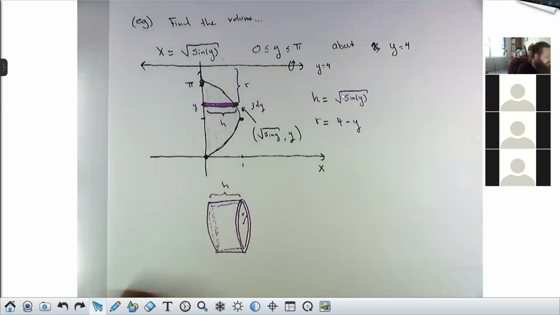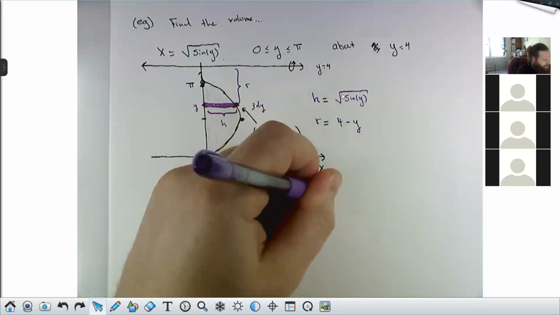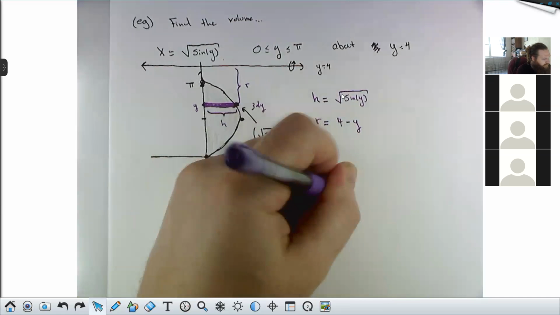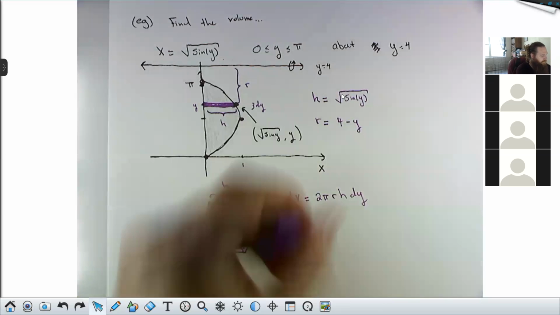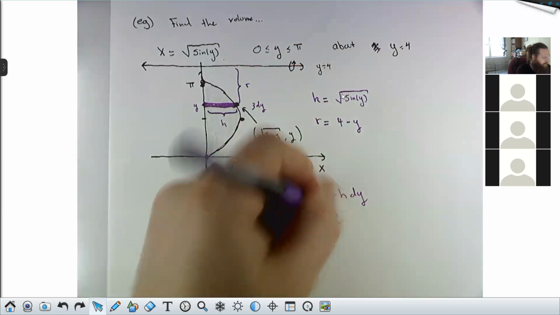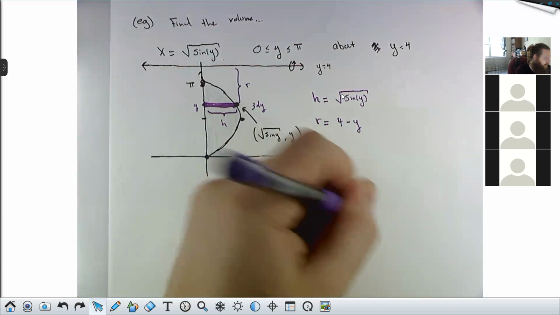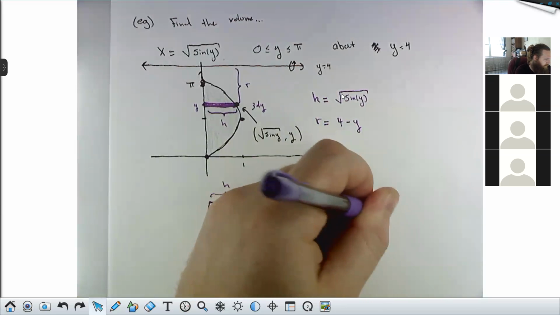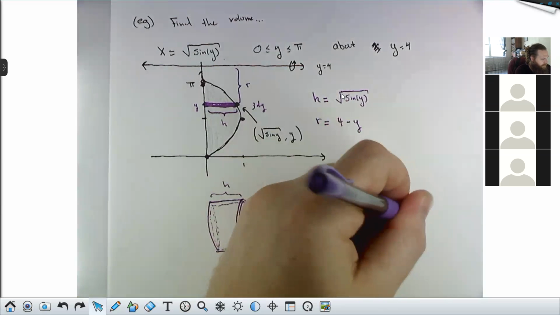So dV, the volume of my little cylindrical shell, is 2 pi r h dy, which is 2 pi times (4 minus y) times the square root of the sine of y dy.